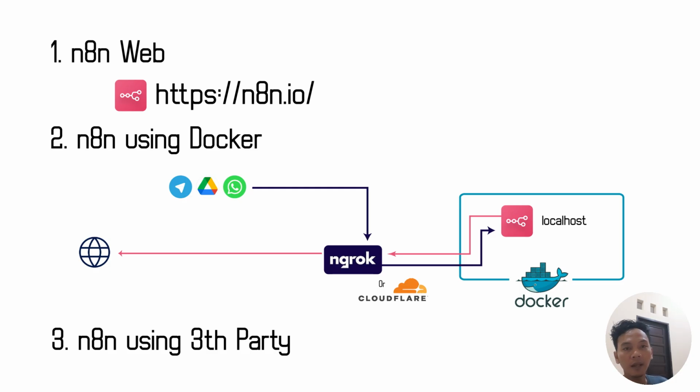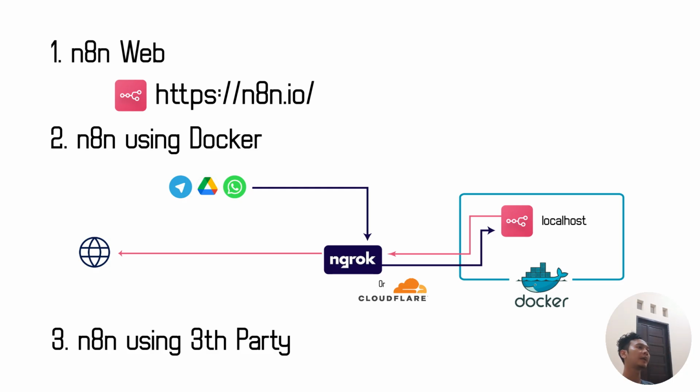And last, installing on a private server. This option is for advanced users who require full control over the environment and scalability. In this video, we'll focus on the first two methods. They are the most common starting point for new users.